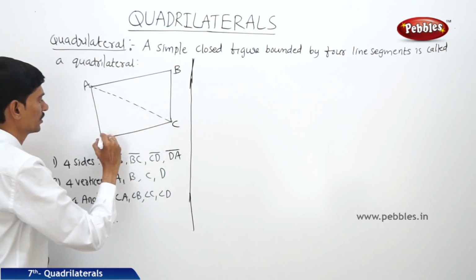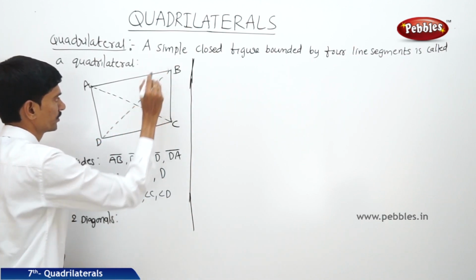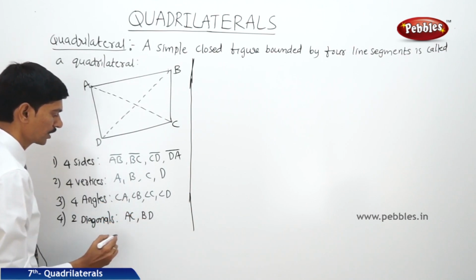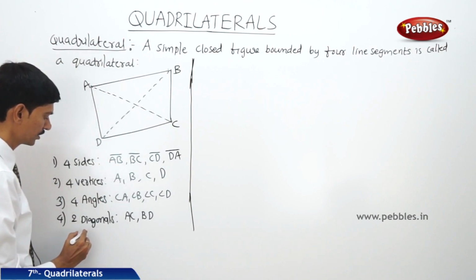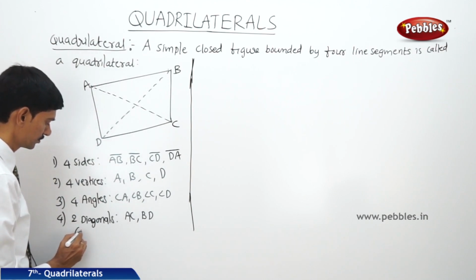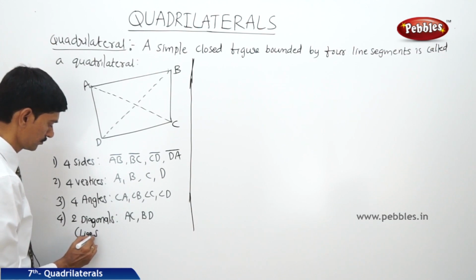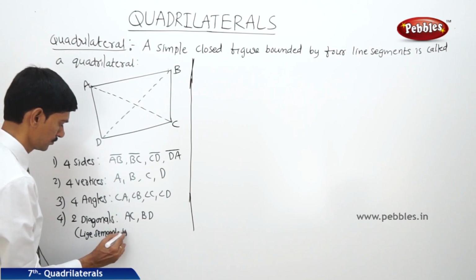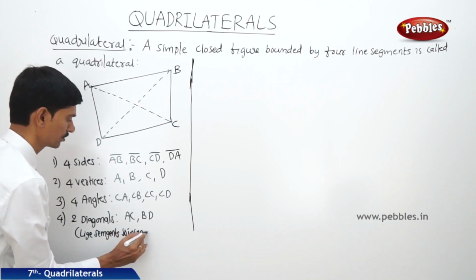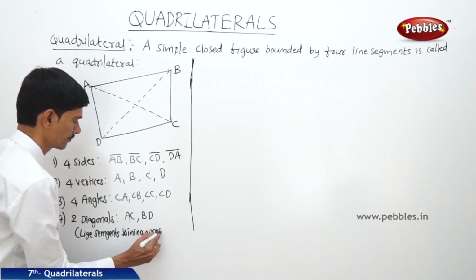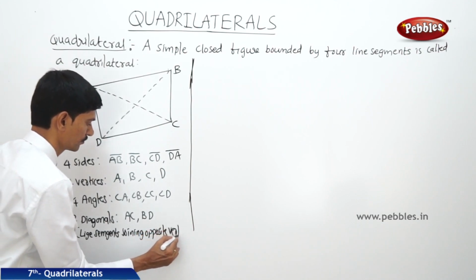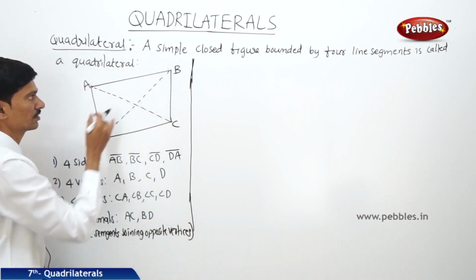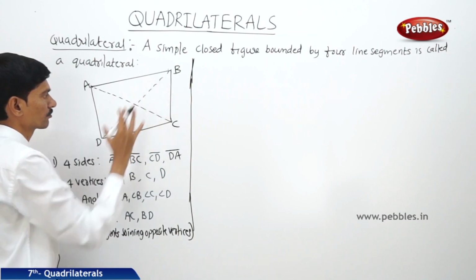Here AC is a diagonal and BD is also a diagonal. So the line segments joining the opposite vertices are called the diagonals of the quadrilateral.